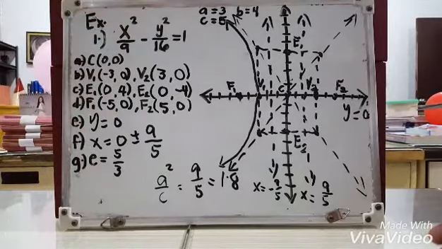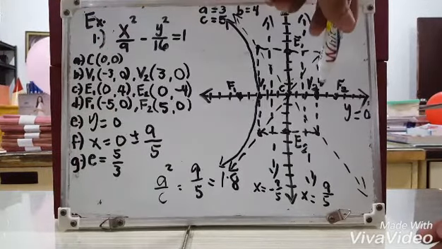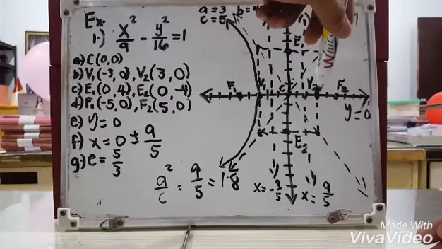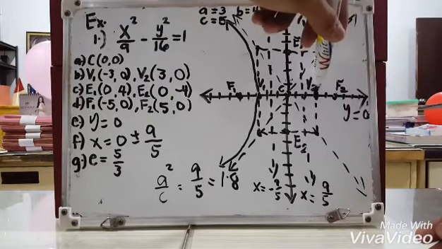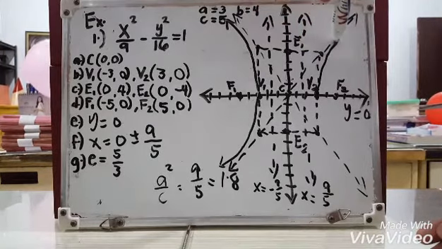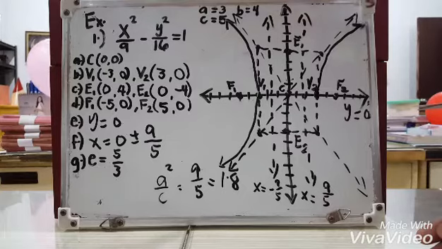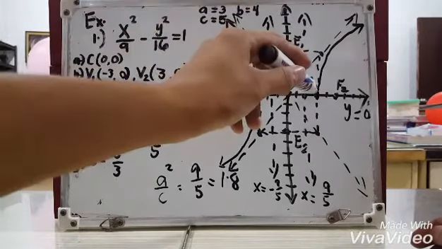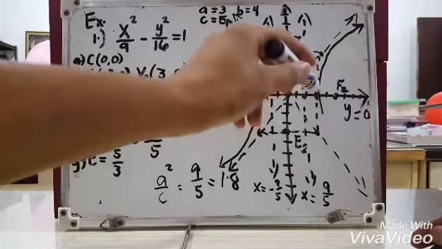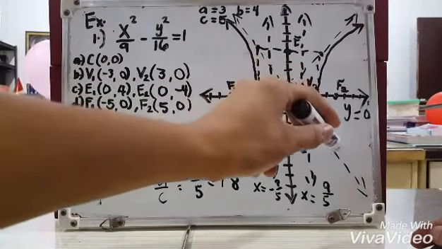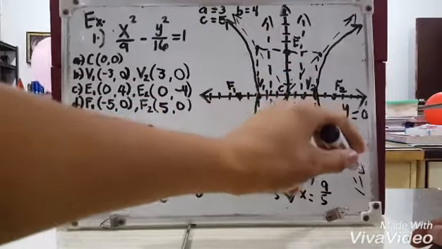On the other side, the same thing, class. We start from the vertex and then we make a curve that almost touches the asymptote. And also on the other side, downward. So you have this one.